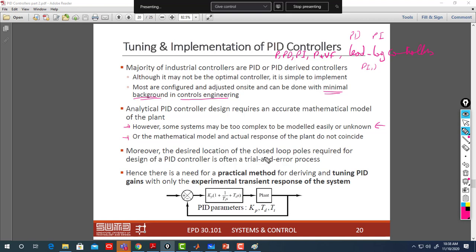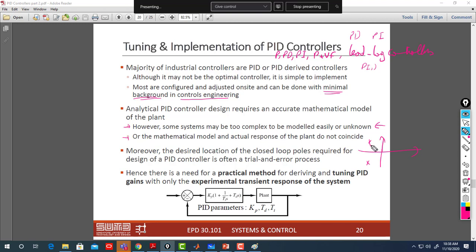Moreover, the desired location of the closed loop poles required for the design of a PID is often a trial and error process. Your desired closed loop poles are a trial and error process in the sense that, as we said, everything we studied about the dynamic response and pole locations was for a second order system, so you can predict the dynamic response if it's second order.